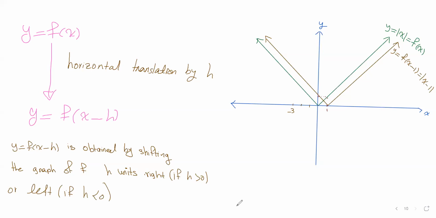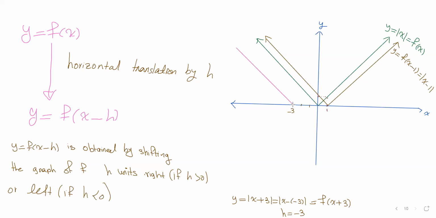The absolute value of x plus 3 is basically f of x plus 3, right? So your h here is negative, which means you have to shift it to the left 3 units. So I'm going to shift it to the left 3 units. Let's use the color.